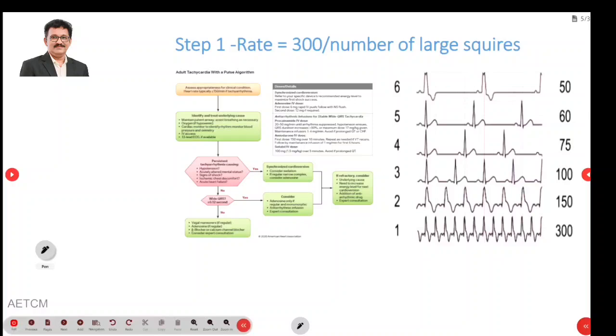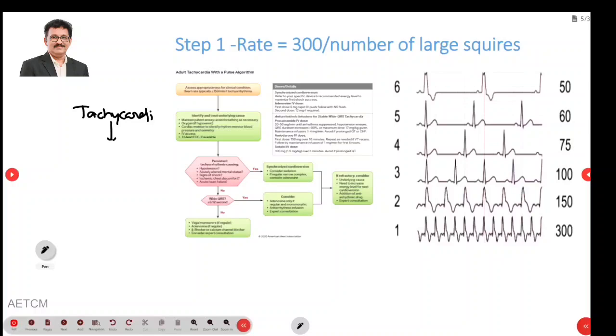Whenever you have a patient who is having tachycardia, the first thing you have to see is what is the rate. We have learned in the previous classes that 100 to 140 can be sinus tachycardia. Above 140 you can have various different causes for tachycardia, including SVT, VT, atrial fibrillation, all these things.